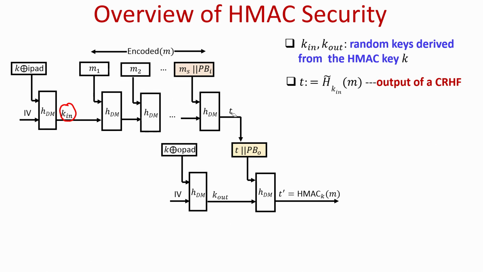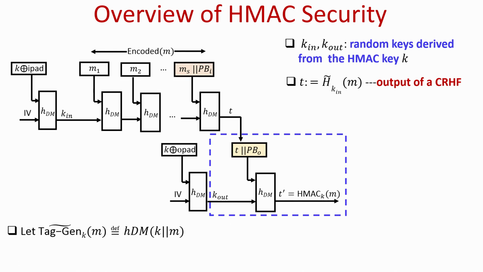So, that is the first part of the overview of the security proof. The second part is with respect to the fixed length MAC part that we are computing here. Imagine that I define a tag generation algorithm; sorry for the typo here, it should be h sub dm, which is one instantiation of the Davis-Meyer construction, with a key as input and the message also as input.